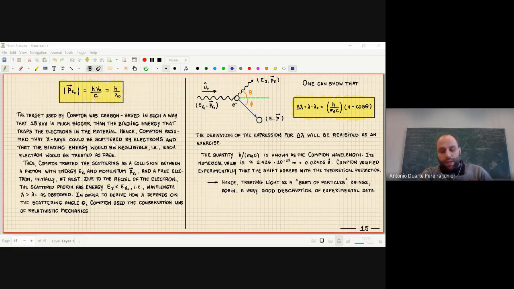And for carbon-based materials, you see that the energy of the incident photon is way bigger than the binding energy, namely the work function. So you can simply disregard the binding energy and just consider the target as being just a single electron at rest.